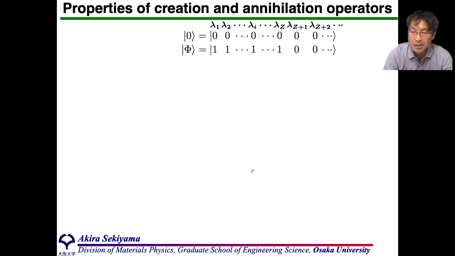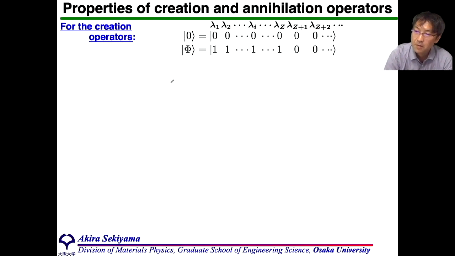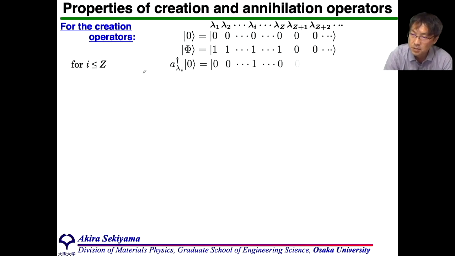Then I explain the properties of the creation and annihilation operators by comparing these two states. For the creation operator, when we create, or occupy, an electron in the state lambda I from the vacuum state, we can describe such a state as this formula.